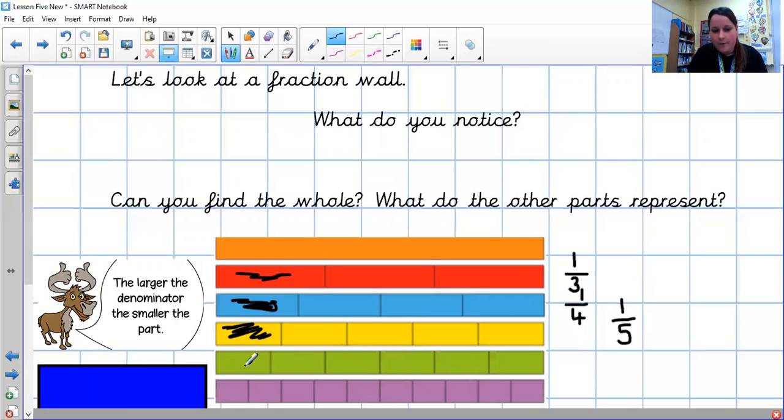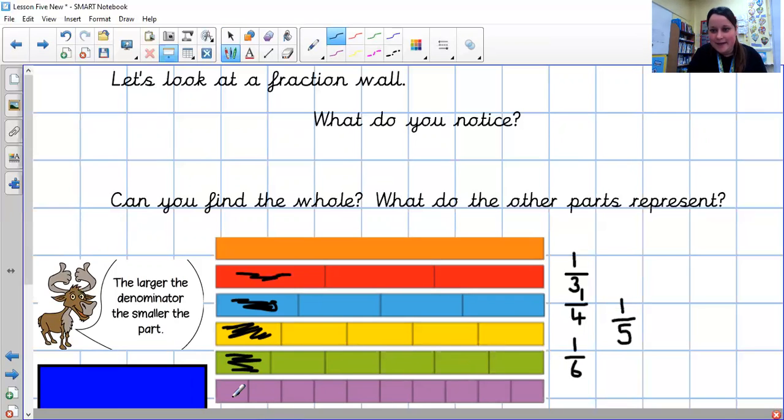In the next example, my whole has been divided into 1, 2, 3, 4, 5, 6 equal parts. So this time, my denominator is 6. My numerator is 1. I'm interested in 1 equal part of the whole.